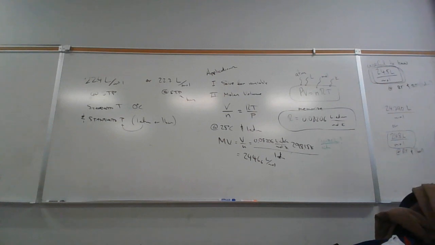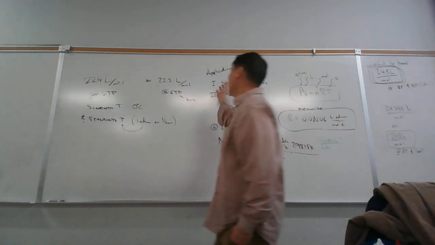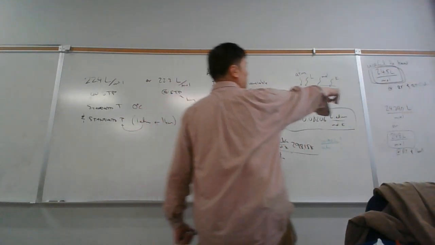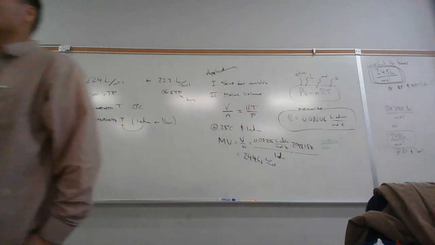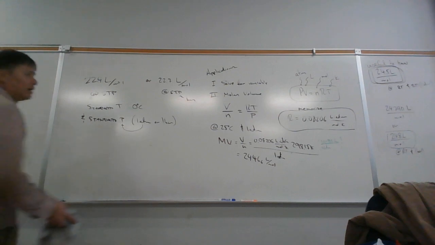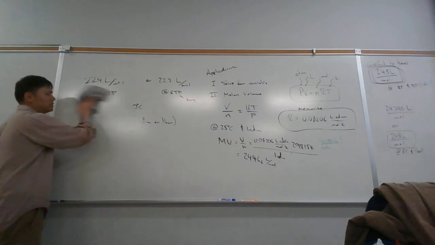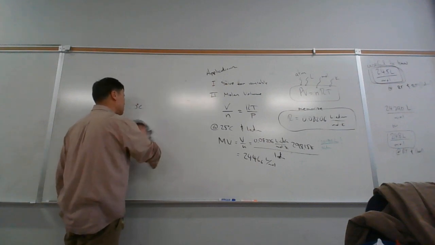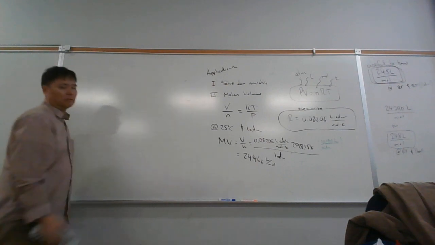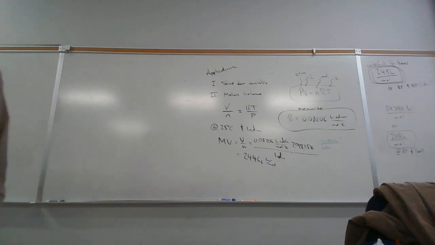So molar volume is important, and the molar volume for this is pretty useful to know for chapter 7. We're going to be using that because we're going to have to calculate how much energy it's going to take to blow up balloons. It's a pretty simple calculation, but we want to be able to calculate the volume changes quite quickly.